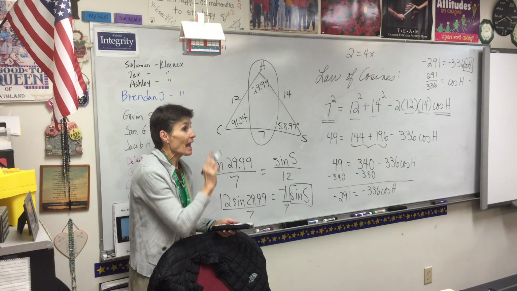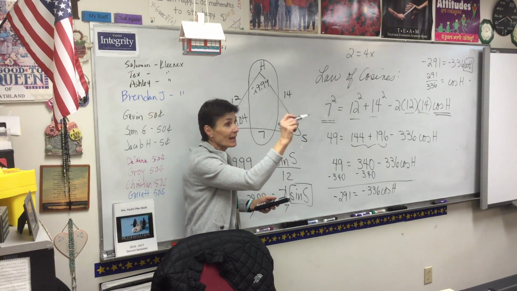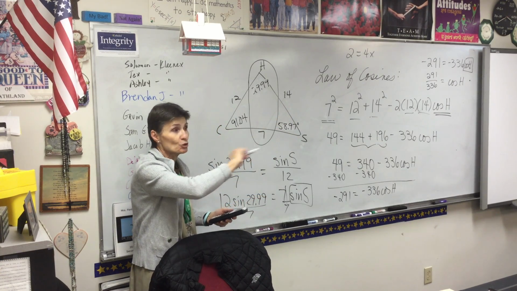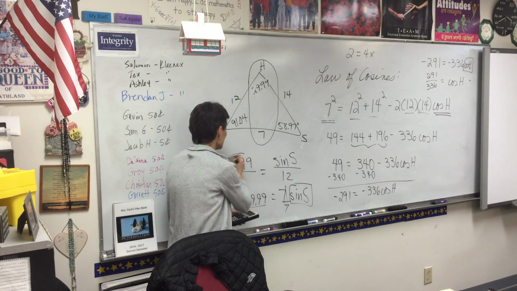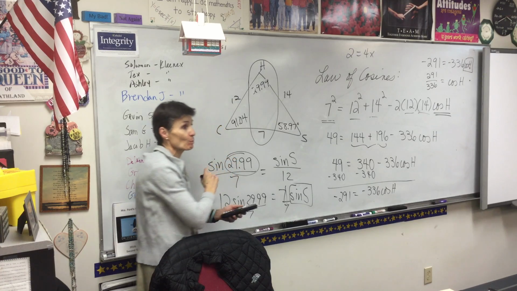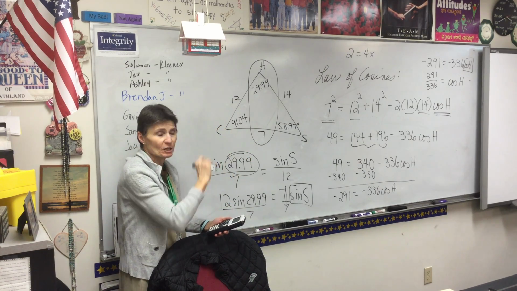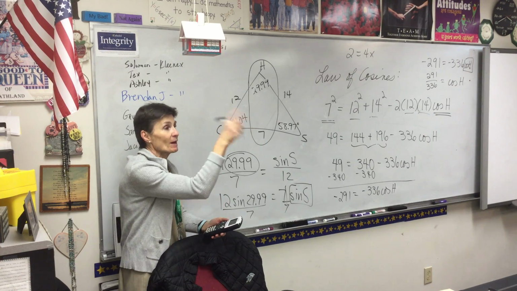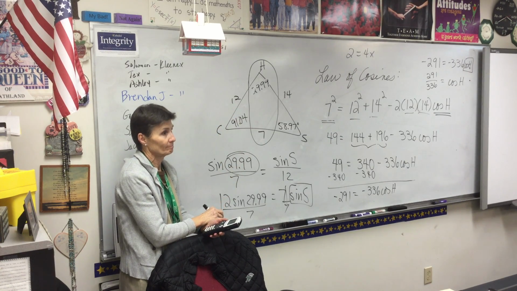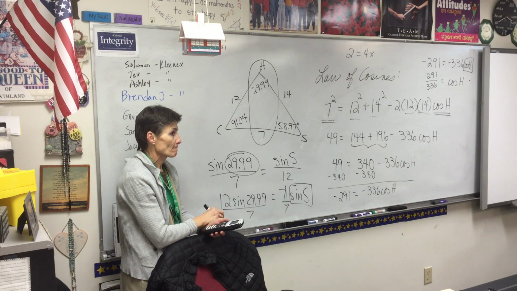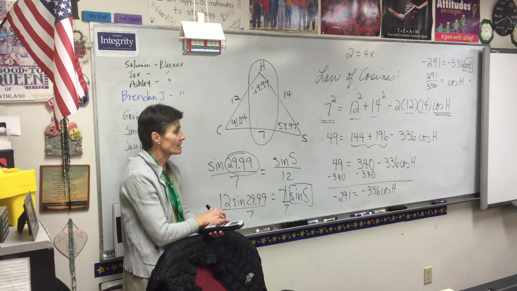And that happens, and actually, that is better than what I did because you have no round off. When I use this number right here, I have some round off. So when I grade your paper and I see that work, that's going to be okay. It's going to be better than okay. It's going to be awesome. We can just do the law of cosines. Yep, you can do the law of cosines over and over.